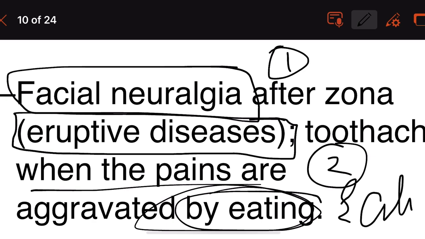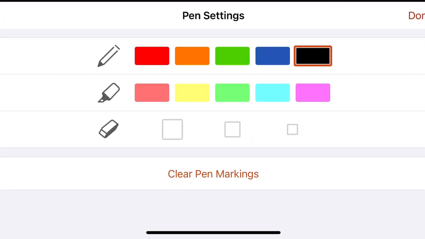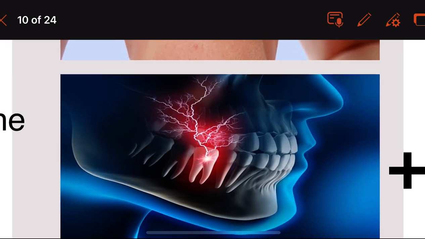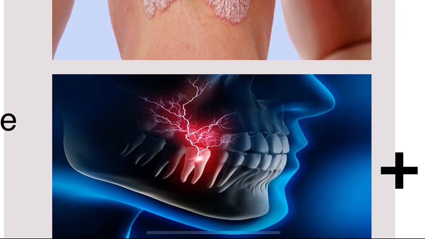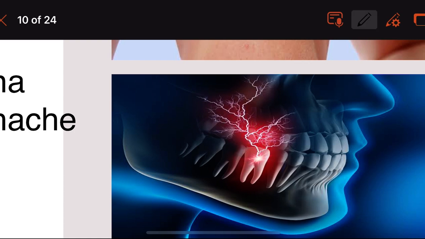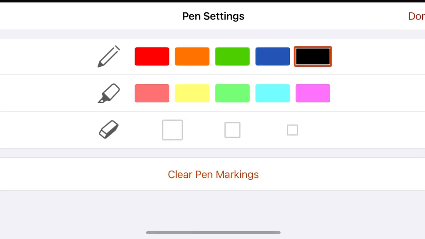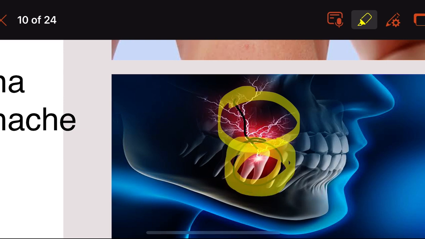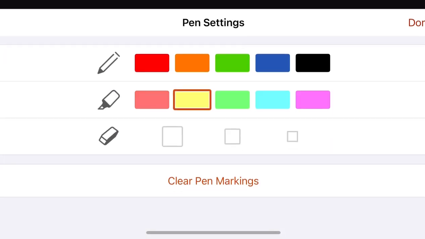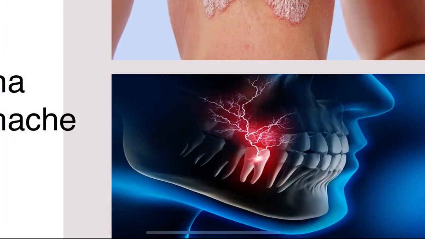In Mezereum, the toothache is aggravated by eating. It is a neuralgic type of pain. Facial neuralgia, you can see the toothache here. The nerve affection and the toothache here are aggravated by eating. And we also have facial neuralgias.